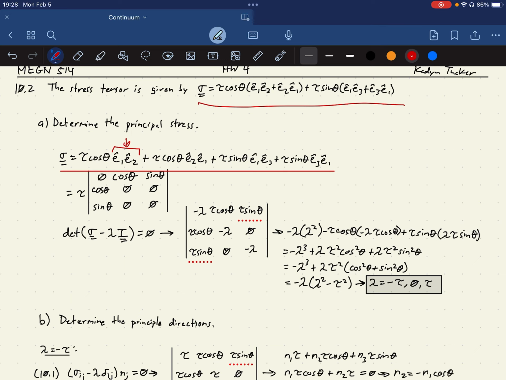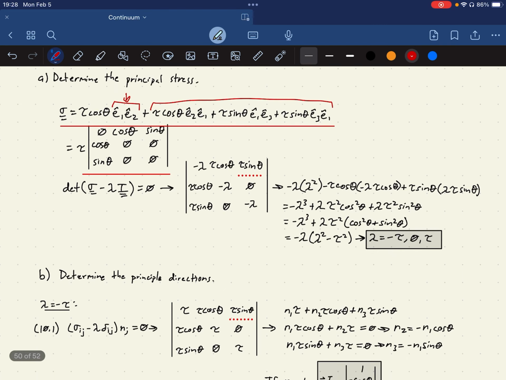So I know that row 1, column 2 is going to be tau cosine theta. And then I just do that for the other three terms we have here, and I build my matrix. So once we get that matrix, we can then find the determinant to eventually find our eigenvalues.